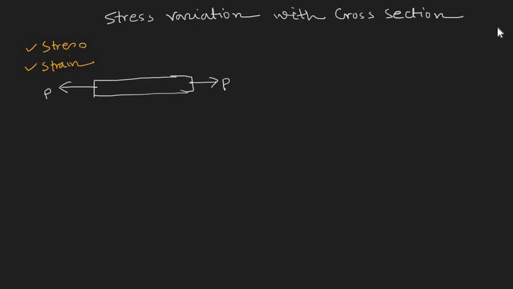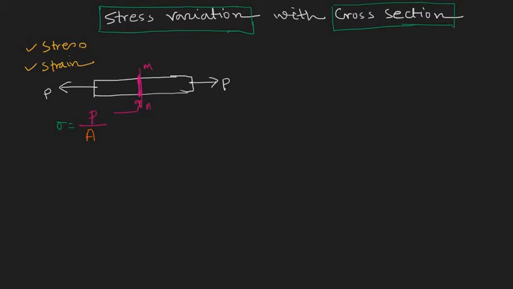If you take any normal plane here, let's say this is MN, you can calculate the stress in this normal plane, and that is your P tensile force divided by this cross section along this plane MN, and let's say that is your A. So you can easily calculate your stress.